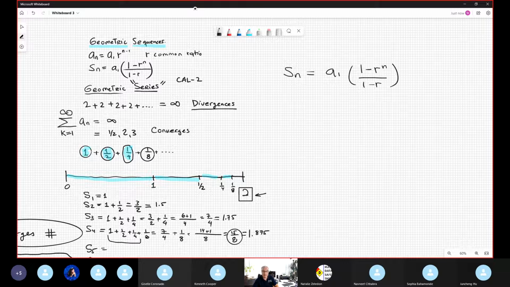And I want to investigate if the series is converging or diverging, and I propose one idea. I propose that you investigate what happens with S sub n when n approaches infinity. In other words, we are doing an infinite summation. And to compute this, you don't know exactly the meaning of the word limit, but it's intuition.